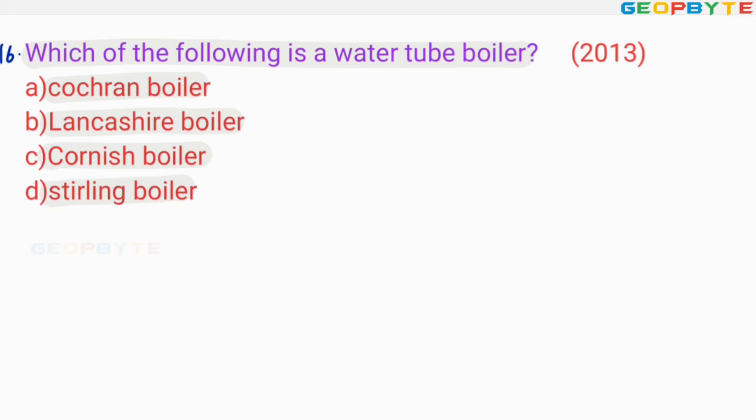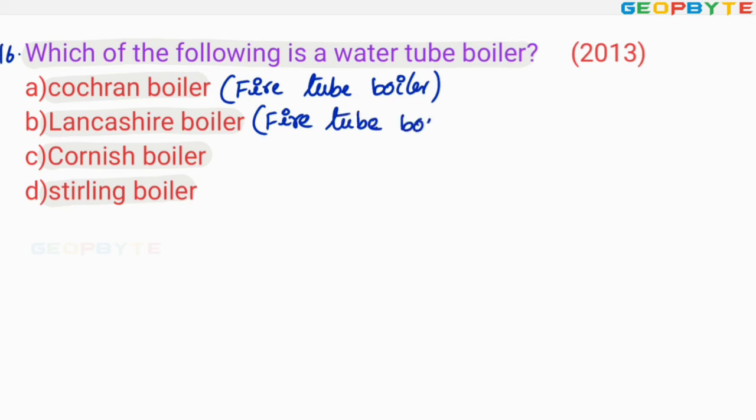Dear friends, remember Cochrane boiler is the fire tube boiler. Lancashire boiler also a fire tube boiler. Cornish boiler also a fire tube boiler.